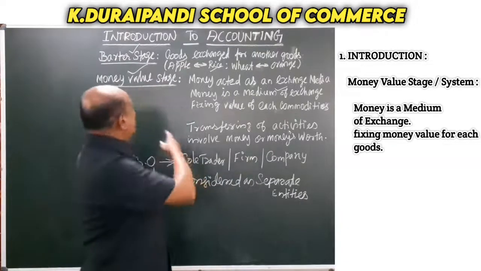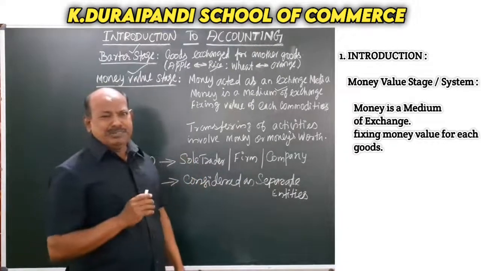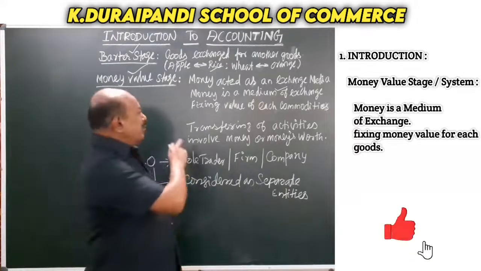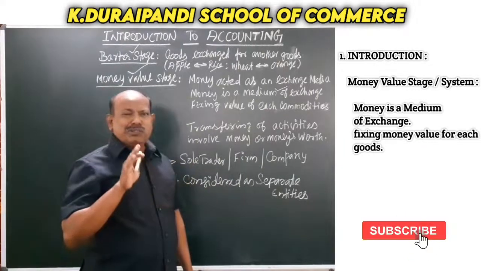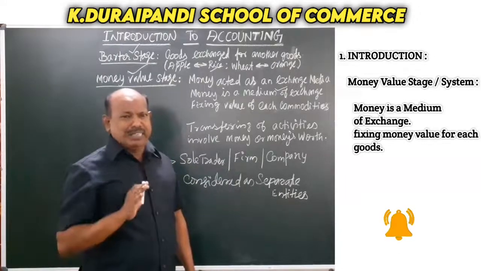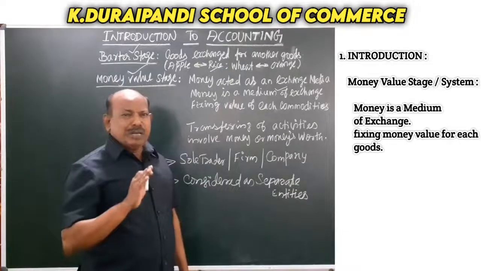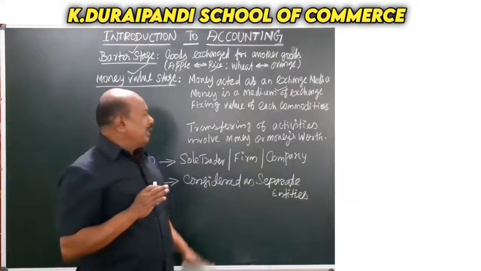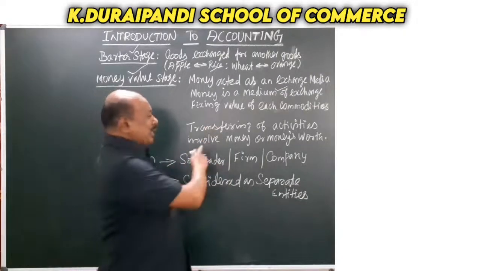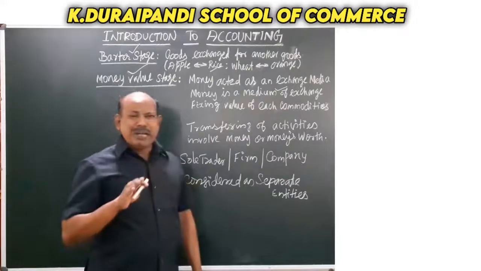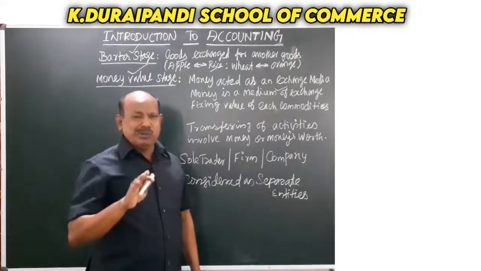That is the money value stage. Here, in the money value stage, a value is fixed for every good, every commodity. That is the important point in the money value stage. It led to transferring of activities which involve money or money's worth.